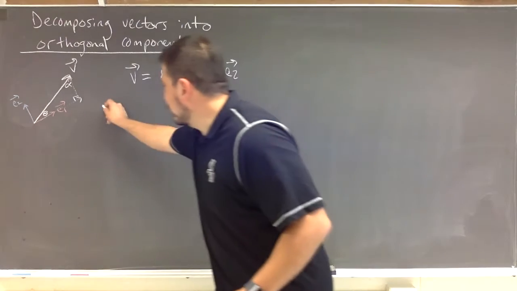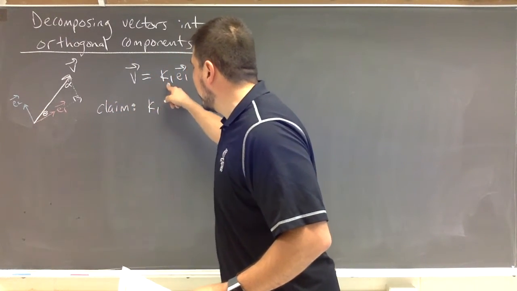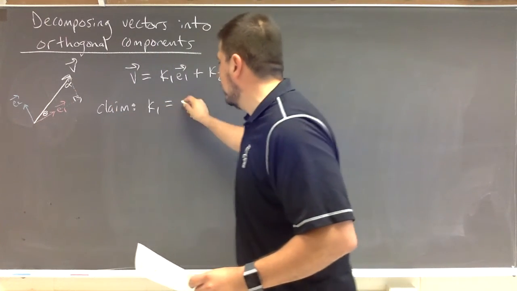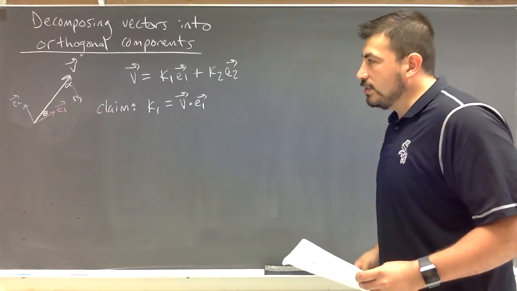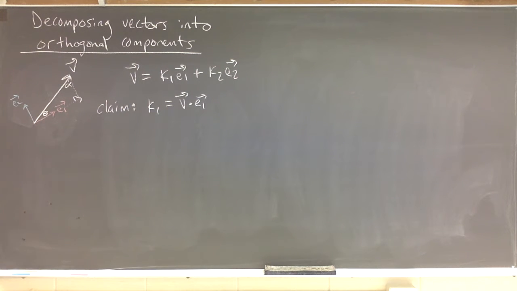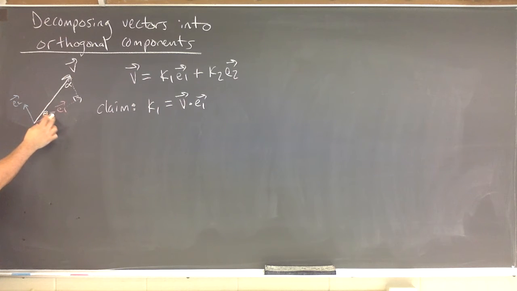The claim here is that this scalar K1 is just going to be the dot product of V with E1. In other words, when you're decomposing vectors, you can take the dot product of the given vector, as long as these are unit vectors, which they are.